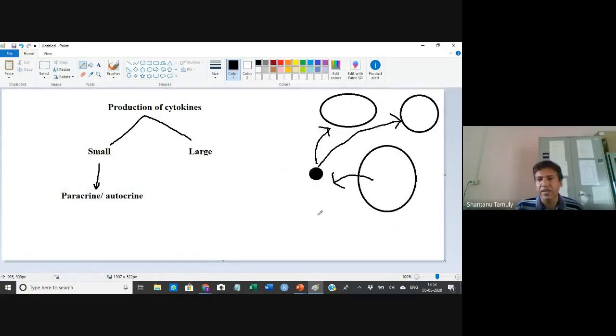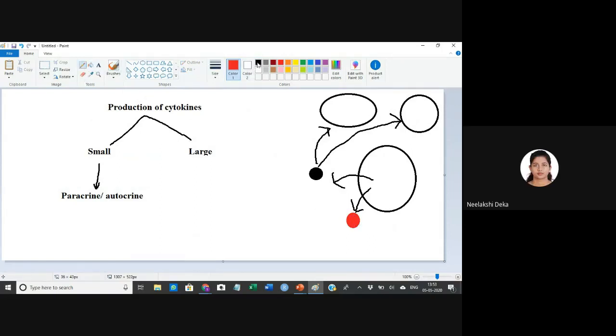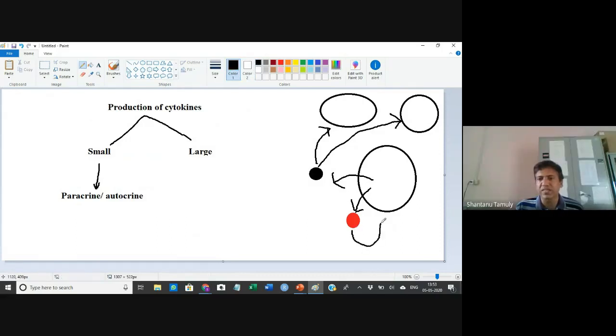On the other hand, if it produces a cytokine that shows its effect in the same cell, this is called autocrine. So when the cytokine is produced in a small amount, it will show either paracrine or autocrine effect.